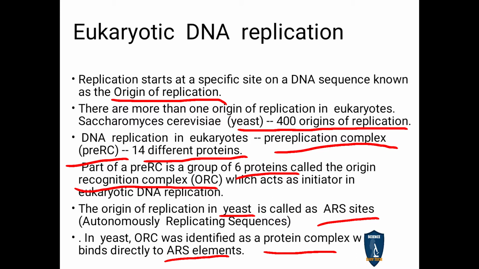So in DNA replication in eukaryotes, the pre-replication complex, pre-RC, contains 14 different proteins grouped into 6 protein groups. They act as initiators, initiating the replication, and due to this the autonomously replicating sequences, ARS, are formed and they do the work automatically.